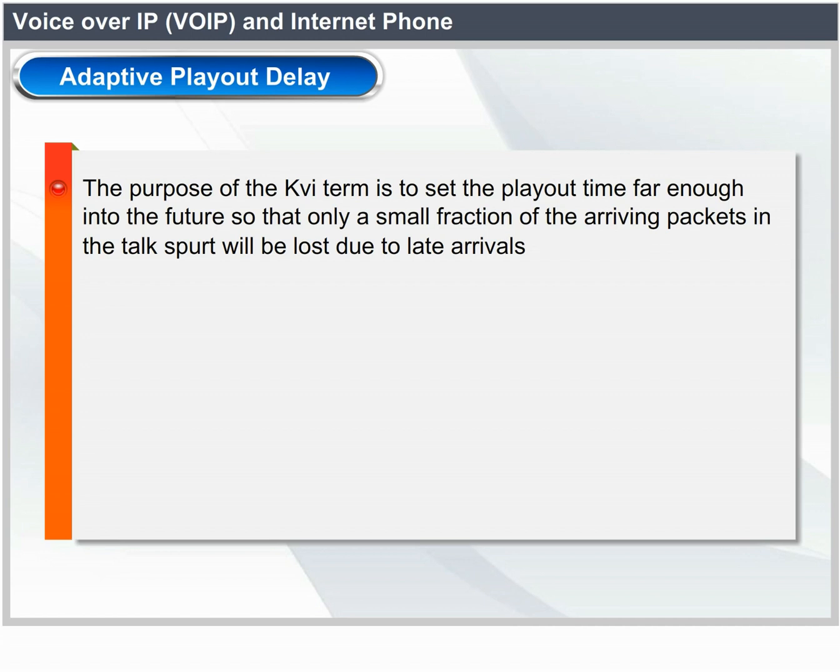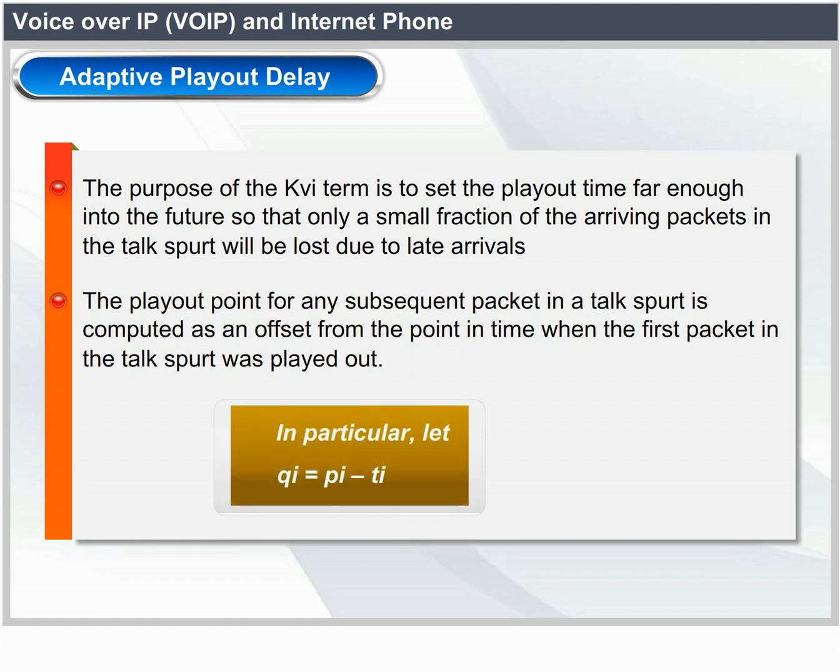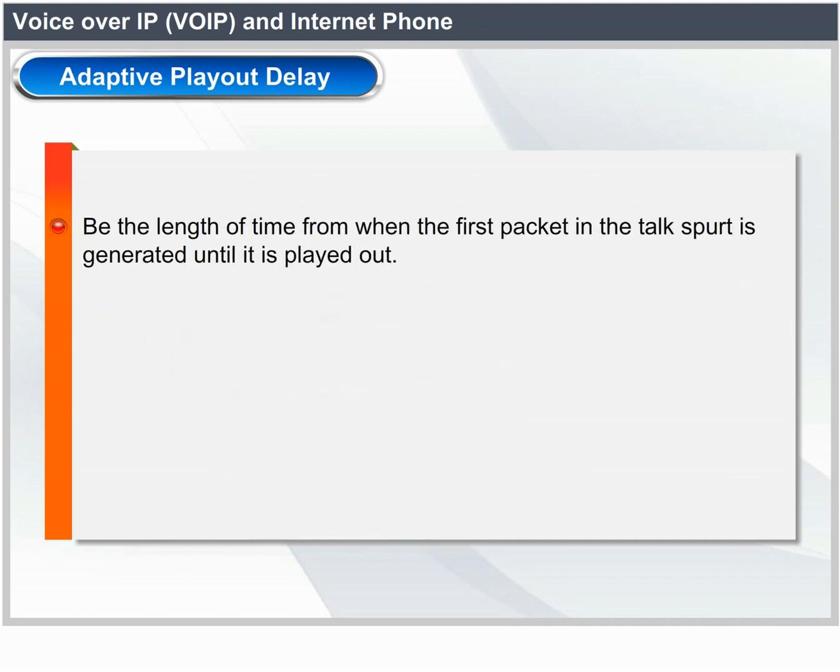The playout point for any subsequent packet in a talk spurt is computed as an offset from the point in time when the first packet in the talk spurt was played out. In particular, let qi is equal to pi minus ti be the length of time from when the first packet in the talk spurt is generated until it is played out.